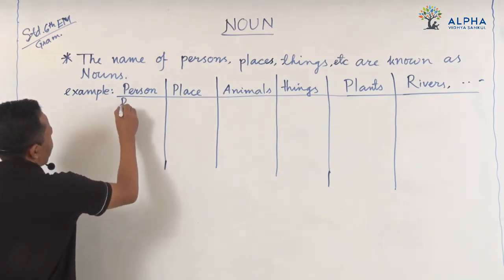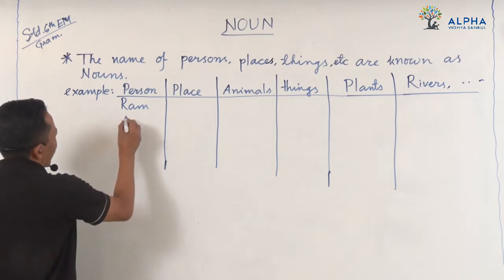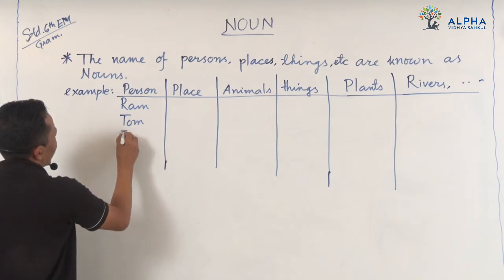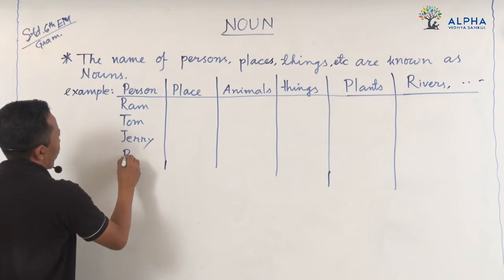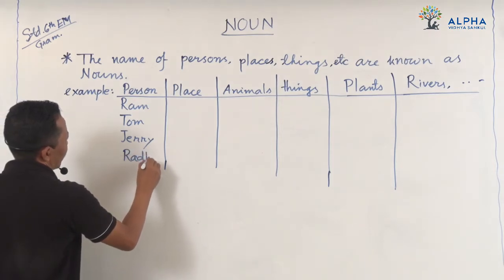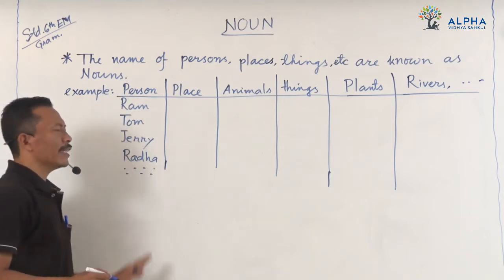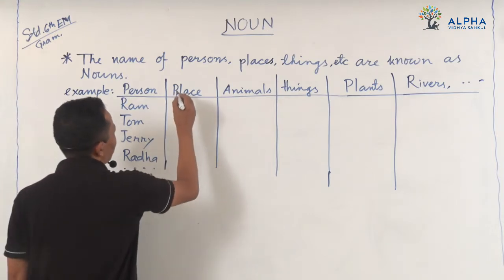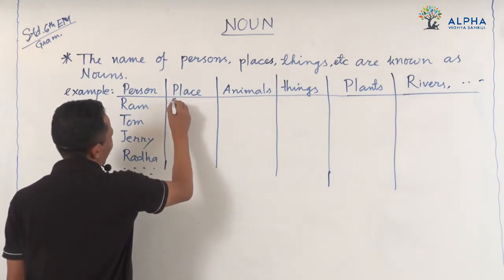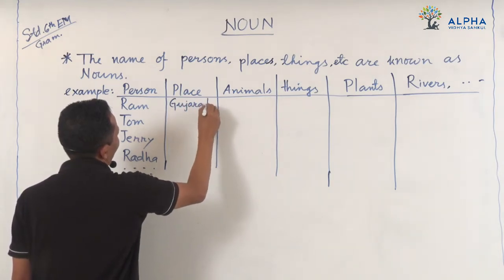Suppose if I take person's name. Suppose here is Ram, Tom, Jerry, Radha, and many more names. All the person's names are nouns, students. Place, you can say name of your state, you can write Gujarat, is a noun.